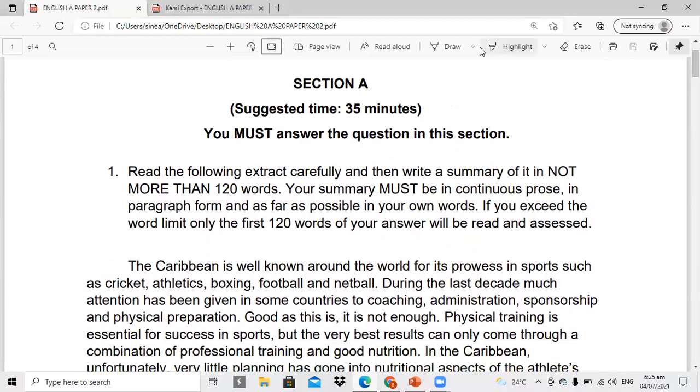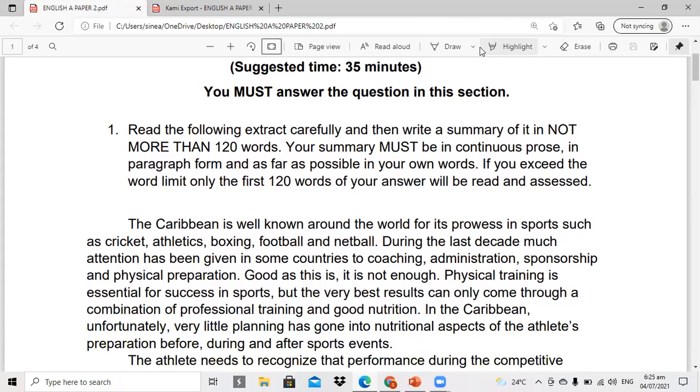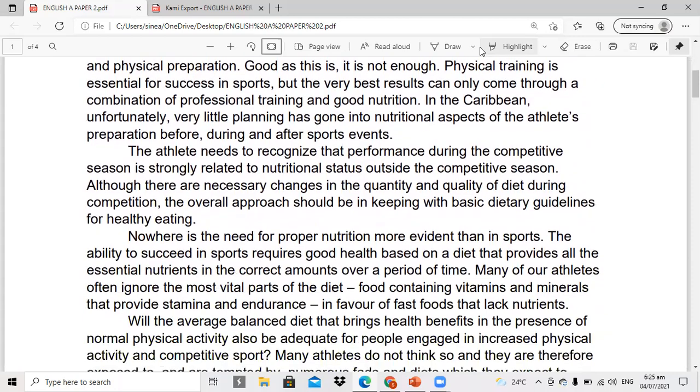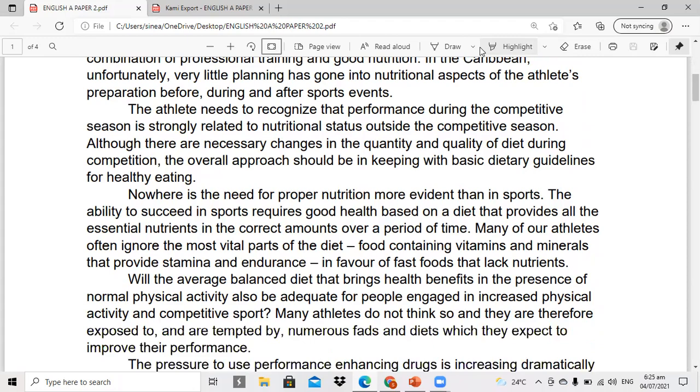But it's fine. Based on what I read so far, I think you would have grasped this passage should be about sports in the Caribbean and something about healthy eating, right? Because it's a book about having balanced nutrients, and it spoke about things such as vitamins, minerals, and the combination of physical activities and foods.